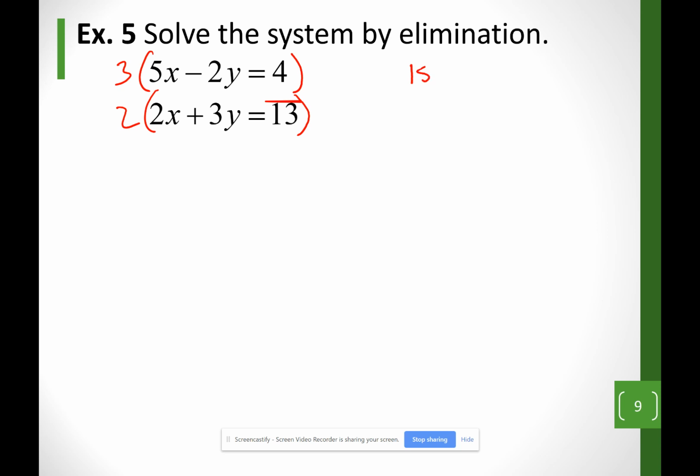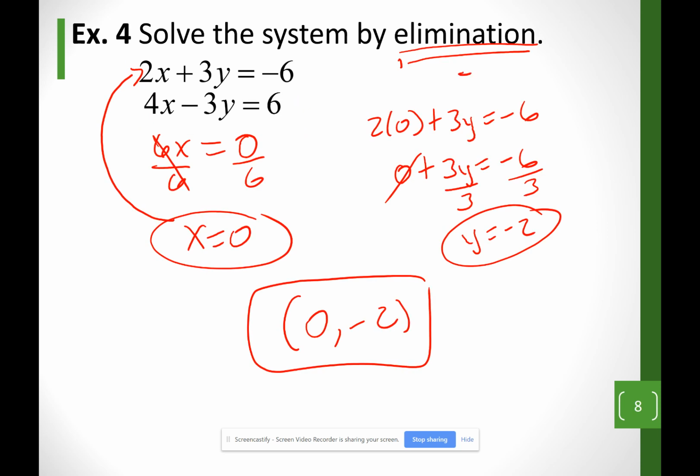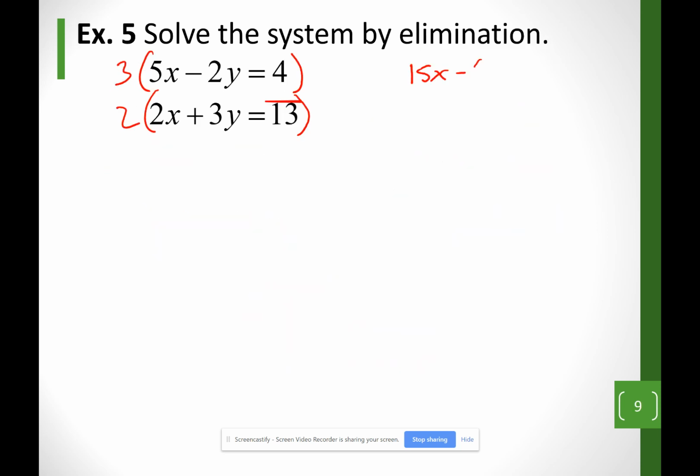So I have 15x minus 6y is equal to 12. The second equation, I said multiplied everything by 2: 4x plus 6y is equal to 26.